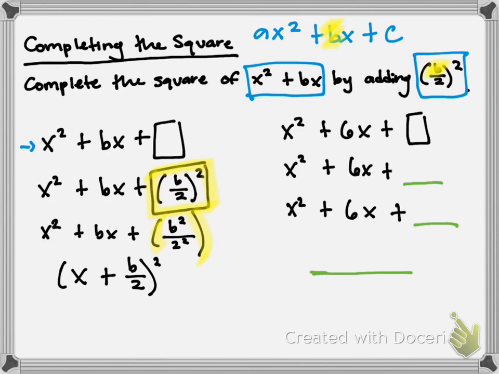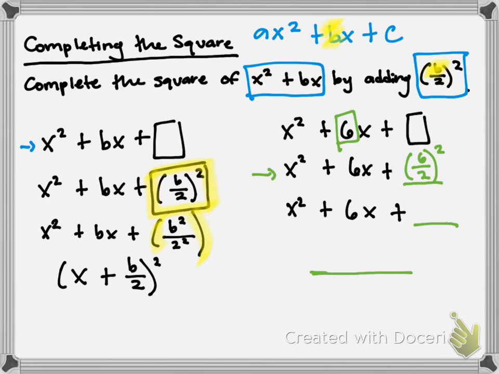I have x squared plus 6x plus something. So I want to complete the square. All right, so what is the b value of this quadratic? Well, it would be 6. So I'm going to have x squared plus 6x plus b, which is 6 over 2 squared.